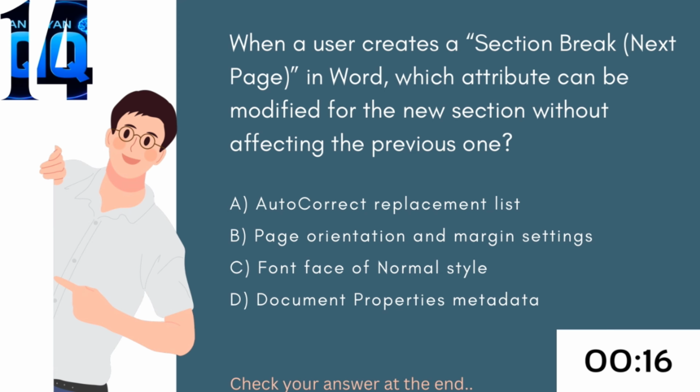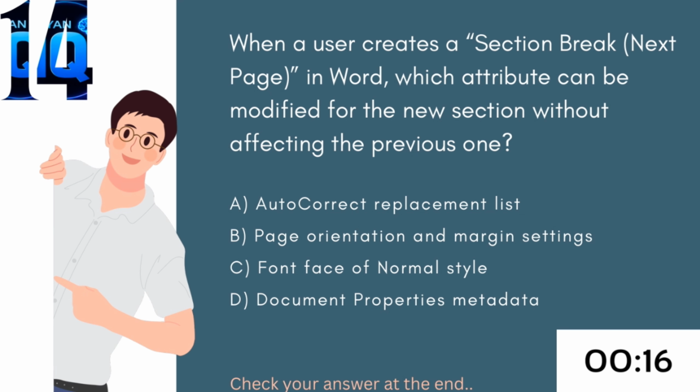Now, here's the key point related to our main question. When you insert a section break, next page, it creates a new section in your document. The question is, which attribute can you modify for this new section without affecting the previous one? The answer is the page setup options, things like page orientation and margins, because sections allow you to have different formatting in different parts of your document.